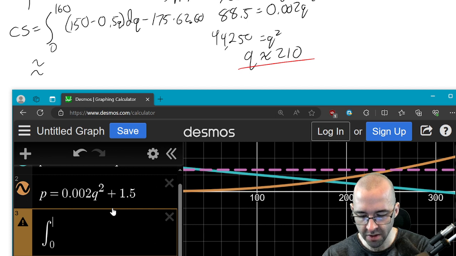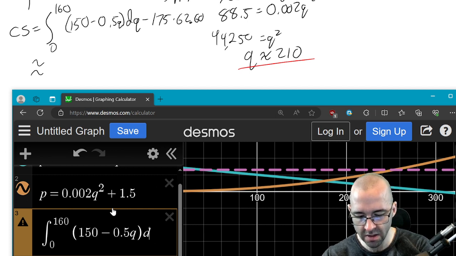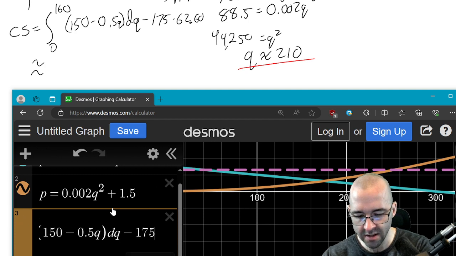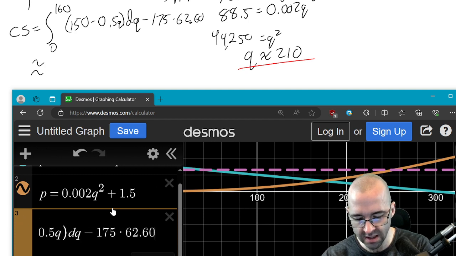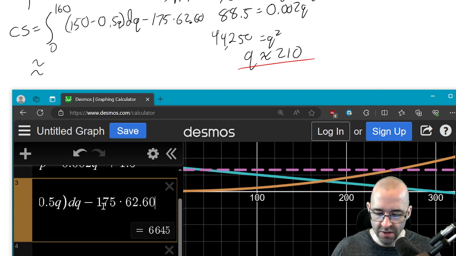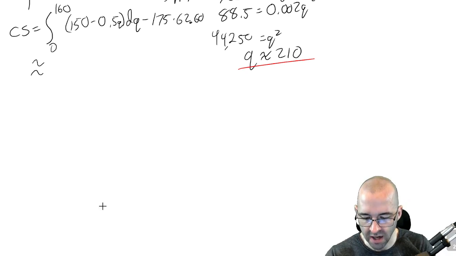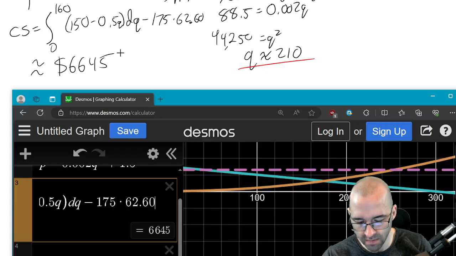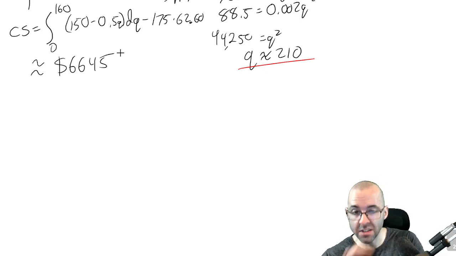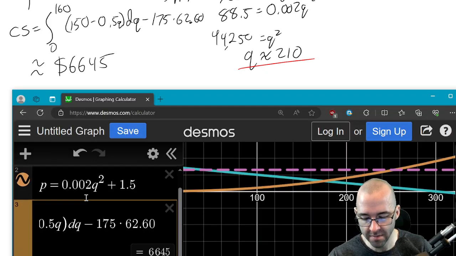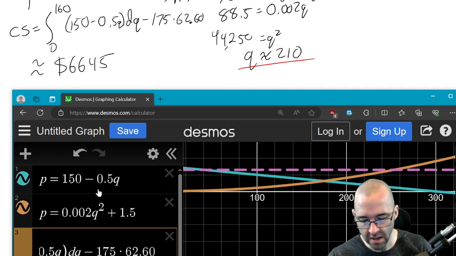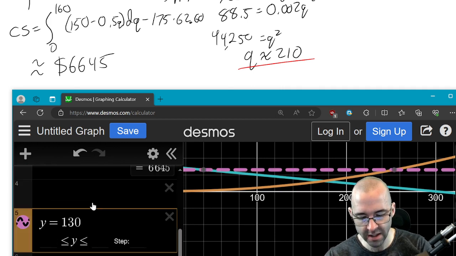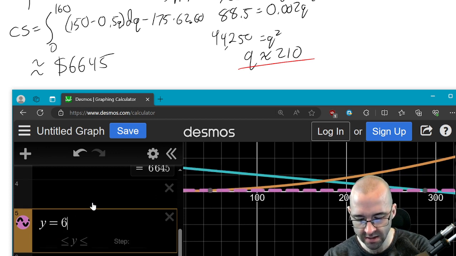So that consumer surplus, we type it all out, is as follows. The integral from 0 to 160 of 150 minus 0.5Q, minus 175 times 62.60. Consumer surplus is 66.45, which should be a smaller consumer surplus than what you had before, because this equilibrium price was 62.60.